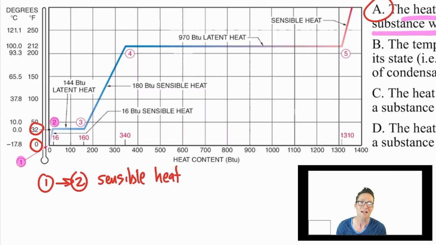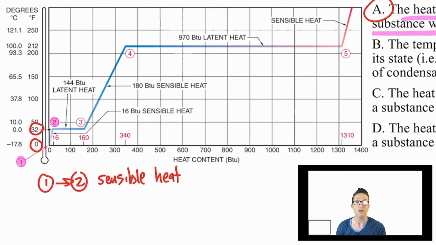You're adding an amount of BTUs to a substance which causes its temperature to increase. So you must have added BTUs in the form of sensible heat energy. Now, when ice, 1 pound of it, gets to step 2 in the drawing, it will reach 32 degrees Fahrenheit. That represents the freezing point of water, okay?